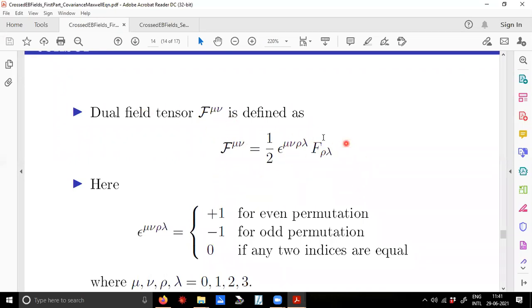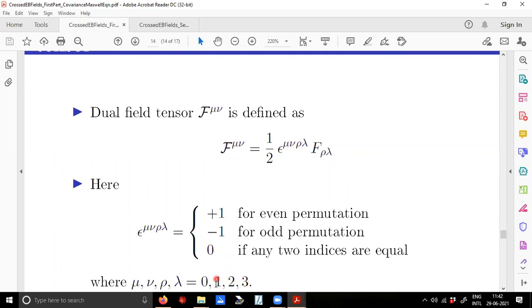But I am only defining here, stick to this alone. So what is epsilon mu nu rho lambda? That is given by +1 for even permutations. Write this as 0, 1, 2, 3. And cyclic ordering, it will give you +1, 0, 1, 2, 3. And then you can write 3, 0, 1, 2 or 2, 3, 0, 1 like that, cyclic. Then it is +1.